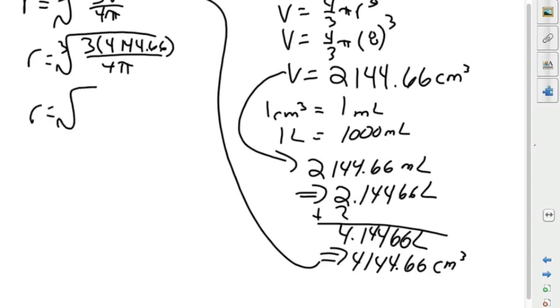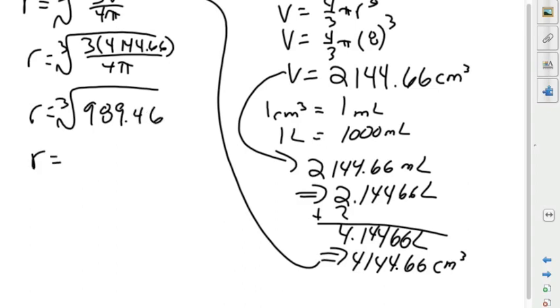So we should get the cube root of 989.46.